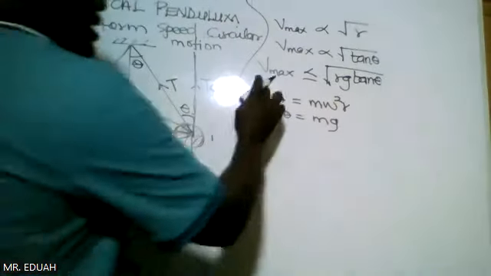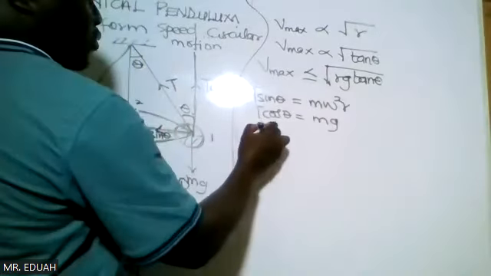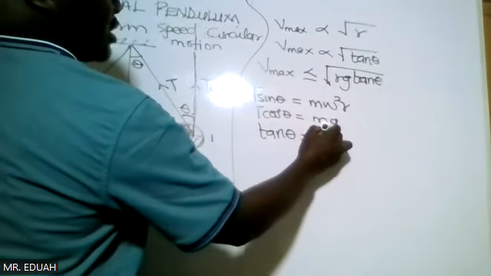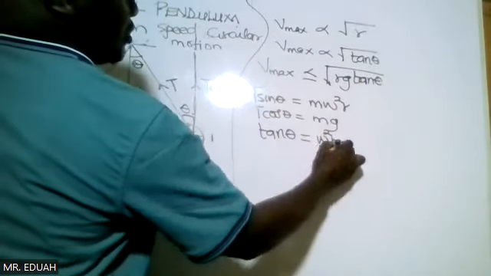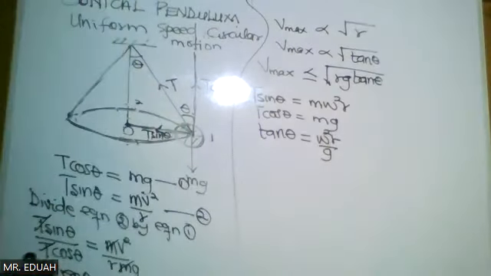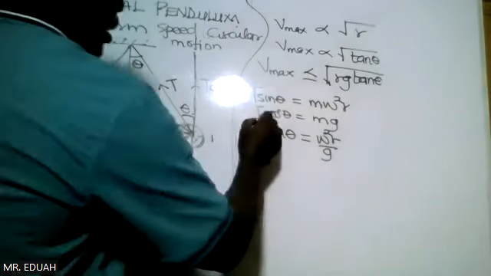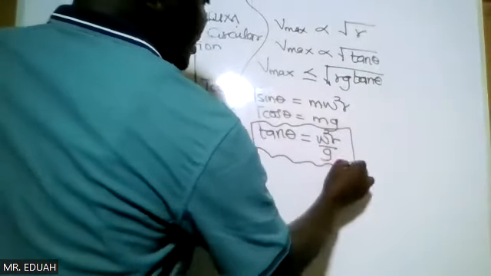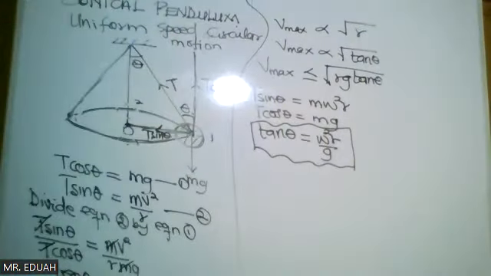Therefore, when we divide this by this, we have tan theta equal to omega squared r on g. So when we equate it to the other relation of centripetal force, we will have tan theta being equal to that.